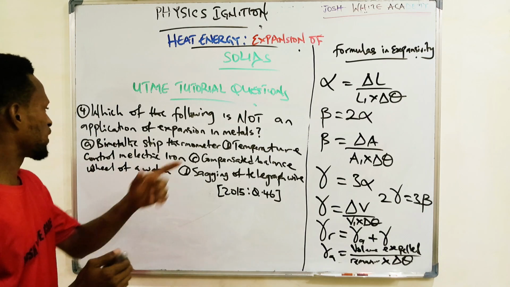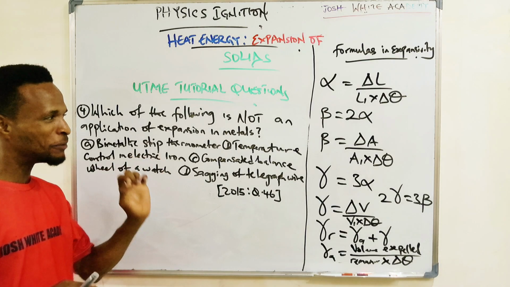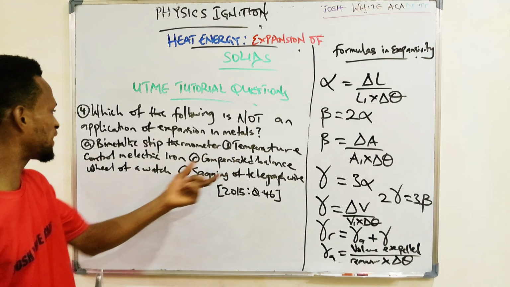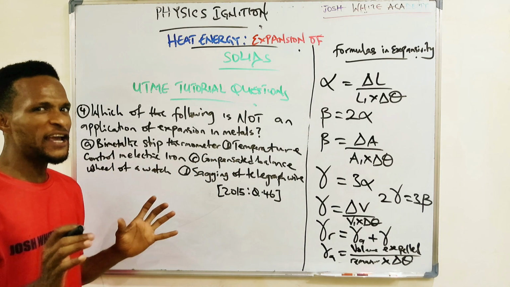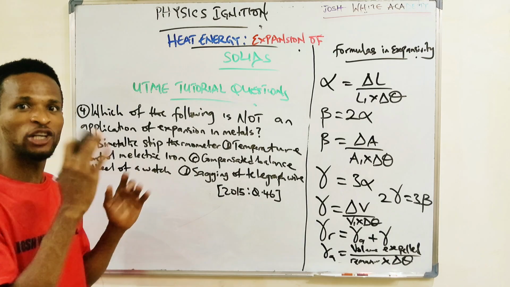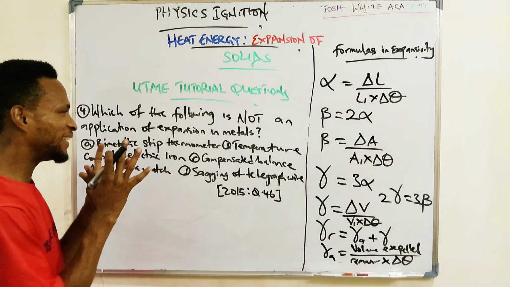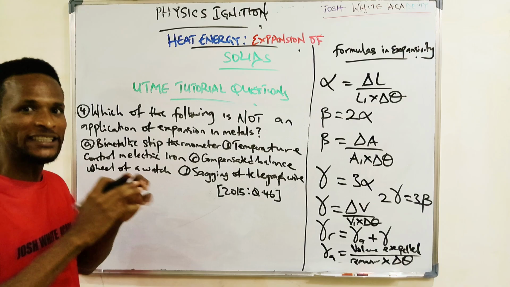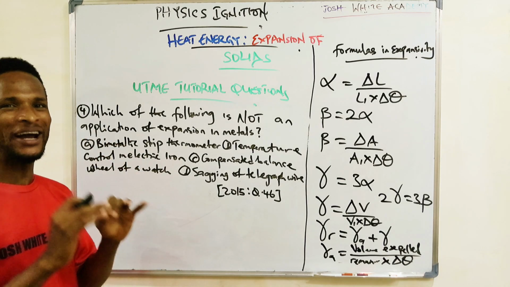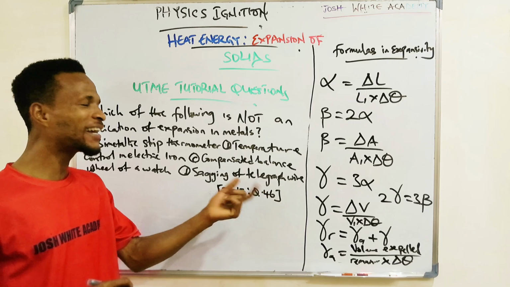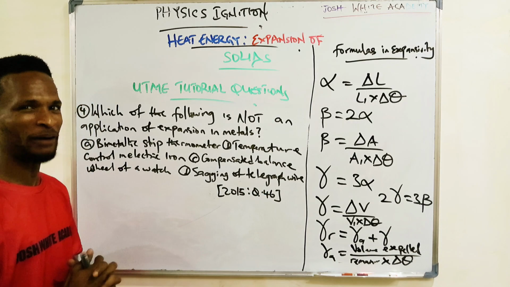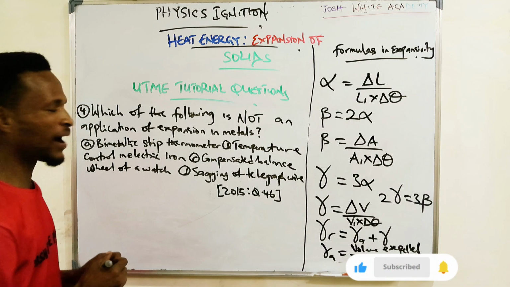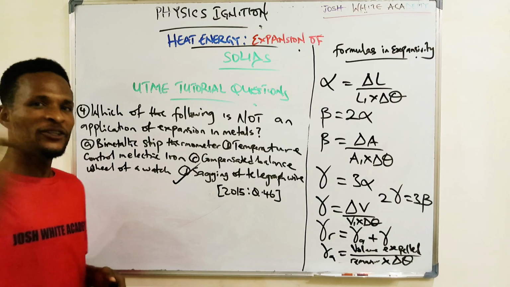So it's correct. Temperature control in electric iron, use of the bimetallic strip. Correct. Compensated balance wheel of a watch. In a watch, during expansion, there is loss of time. So when there is a compensated balance wheel, it helps to avoid that loss of time. So it's also an application. But the sagging of telegraph wire is an effect of expansion. So it's undesired. So our answer is D.